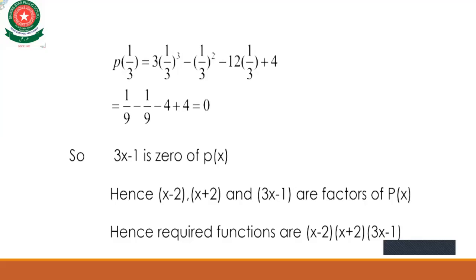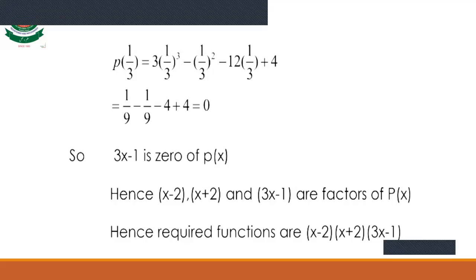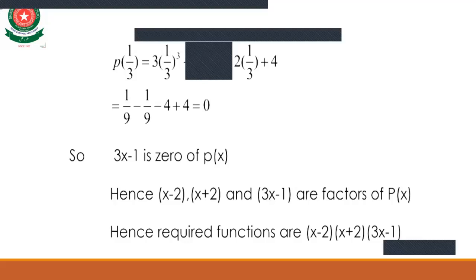Hence we can say that 3x minus 1 is also a factor of p of x. Because as you know, let x be equal to 1 by 3. Multiplying both sides by 3, I will write here, this is equal to 3x minus 1.